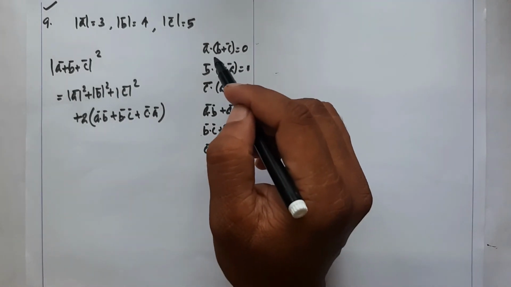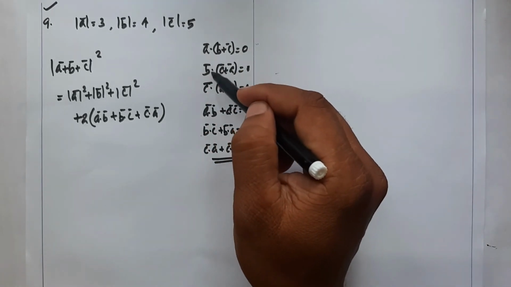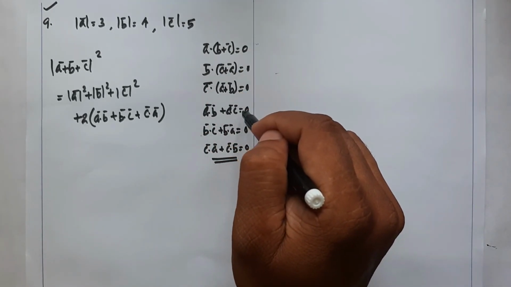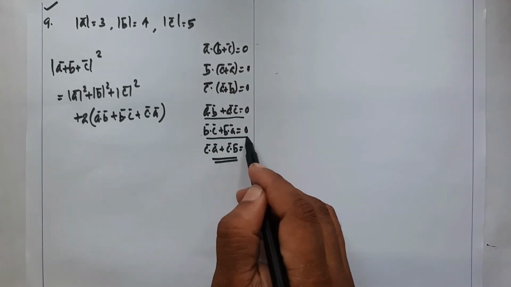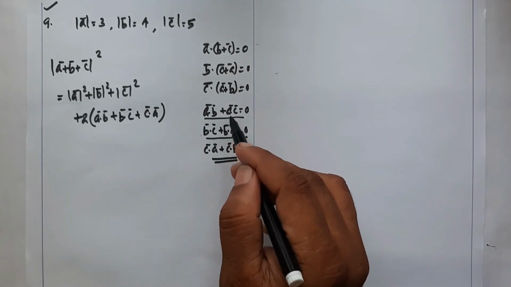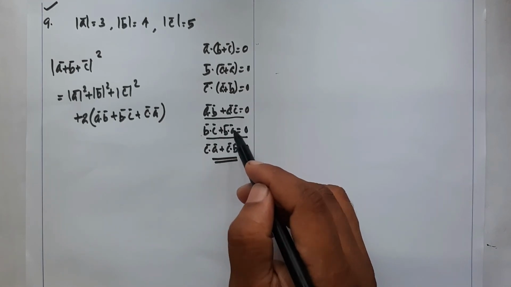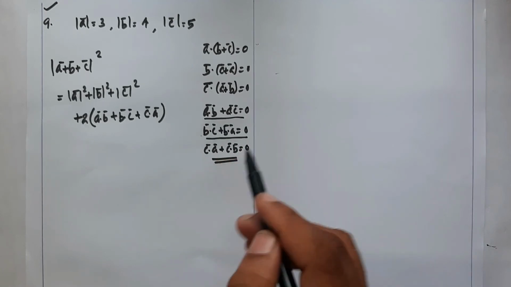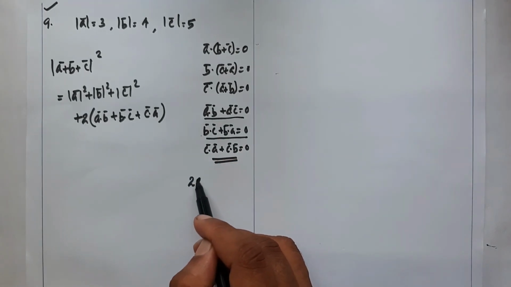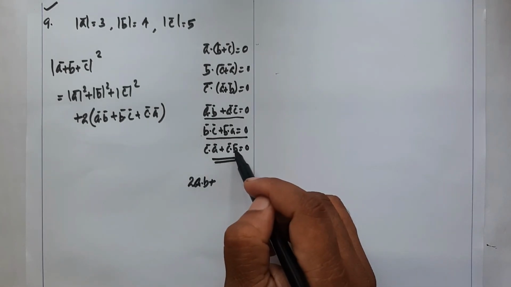Here it is given that each one of them is perpendicular to the sum of the other two. Using the condition we get A dot B plus A dot C equal to 0, B dot C plus B dot A equal to 0, and C dot A plus C dot B equal to 0. Adding these three equations: A dot B and B dot A are equal because the dot product is commutative, and B dot C and C dot B are also equal.